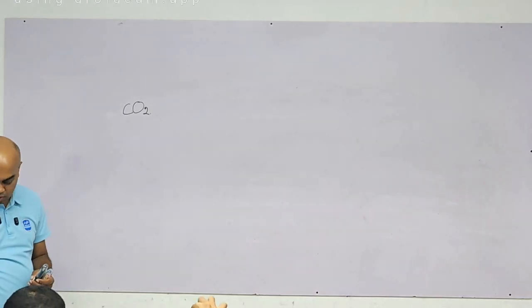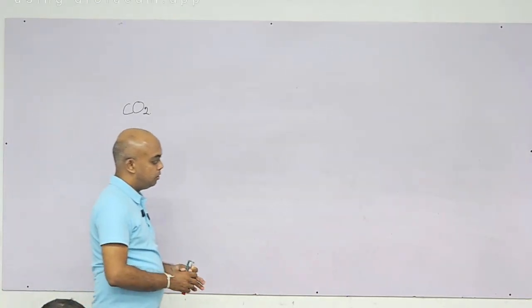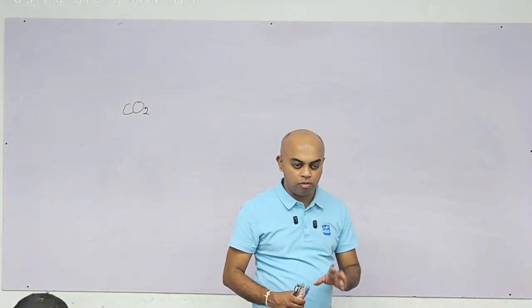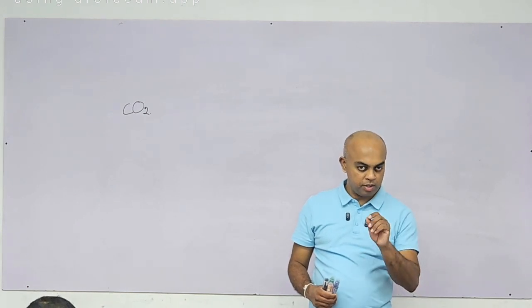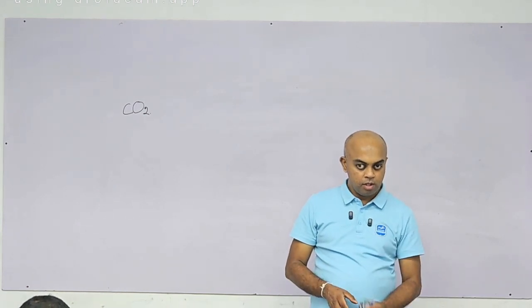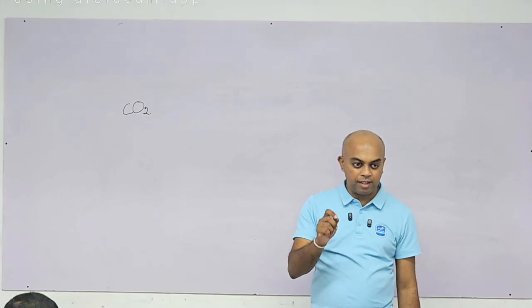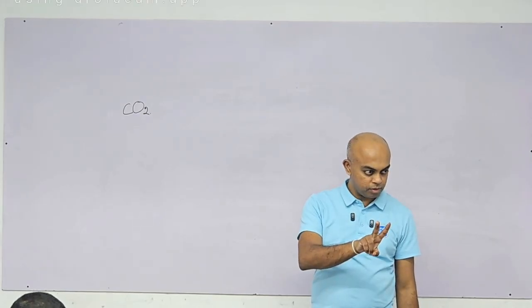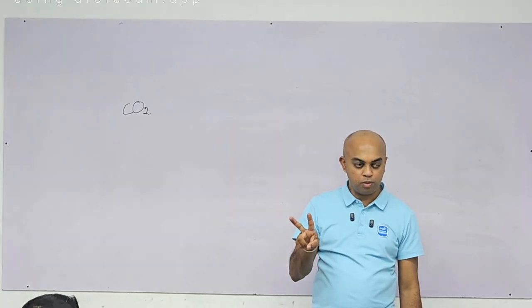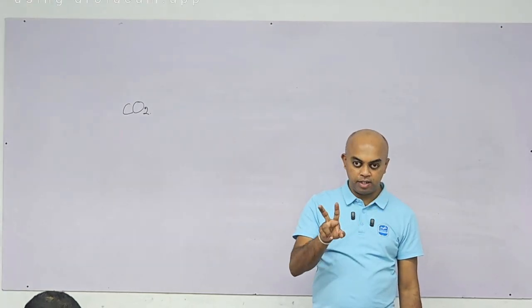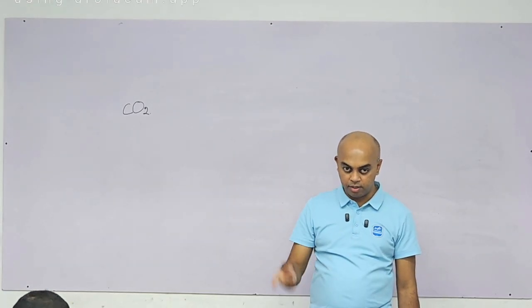Carbon dioxide, because now when oxygen is involved in a molecule, oxygen has some special characteristics, because oxygen needs at least 2 bonds. Oxygen needs at least 2 bonds. It needs 2 bonds because it has 2 unpaired electrons in the valence shell.